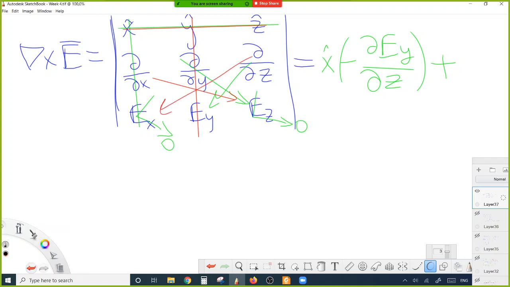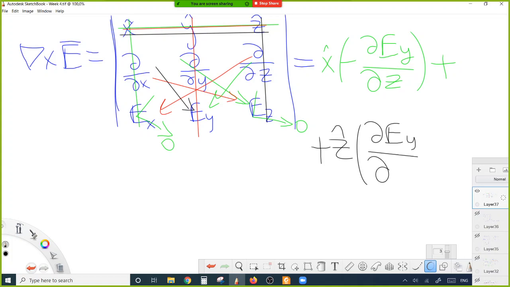Okay, and what about components along z? So dx multiplied by Ey, so plus z d Ey over dx, and this multiplied by 0 is 0, equals what?